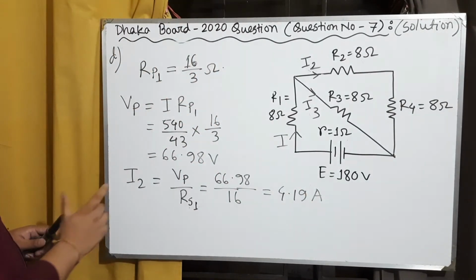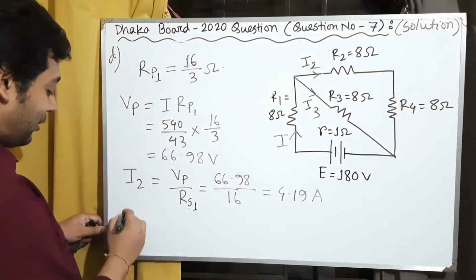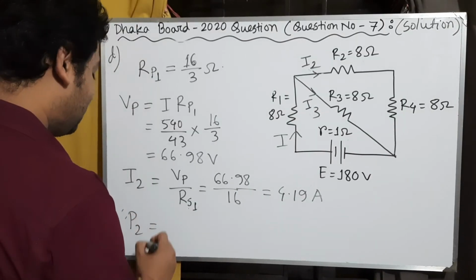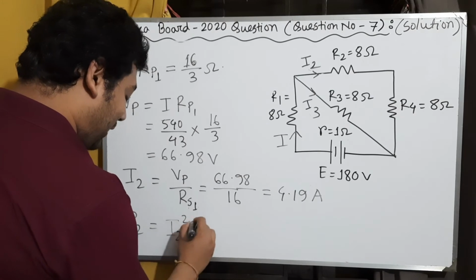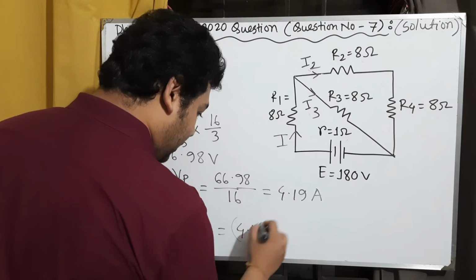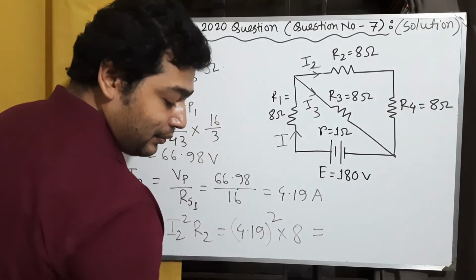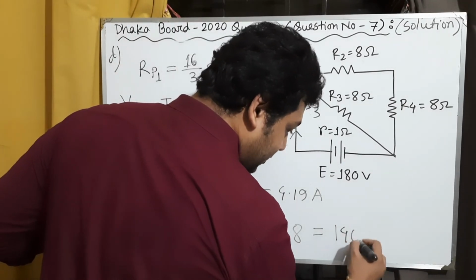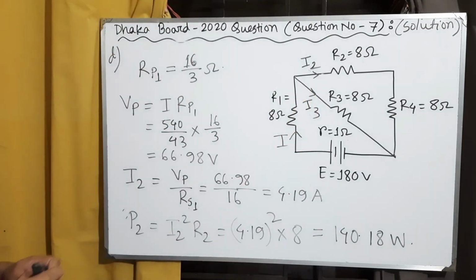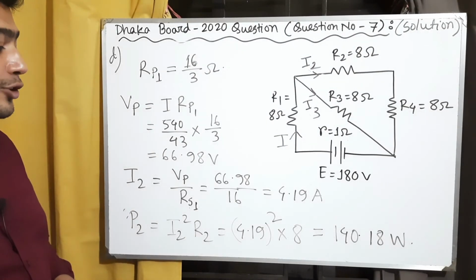Using this current, the power of R2 is P2 equal to I2 square R2, 4.19 whole square into 8, which gives 140.18 watt.